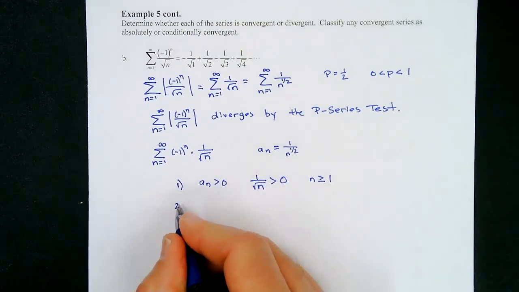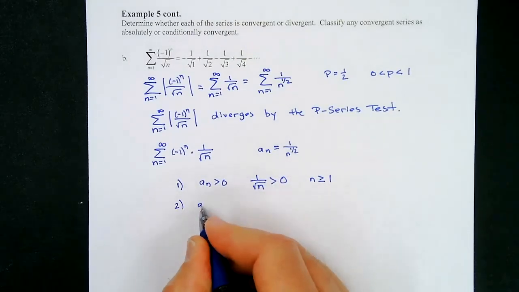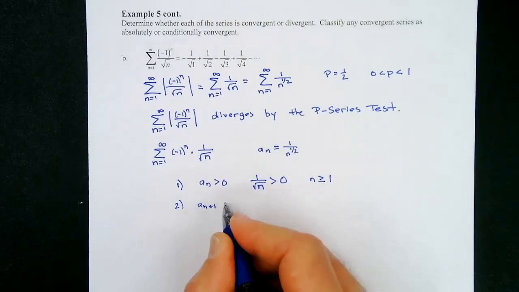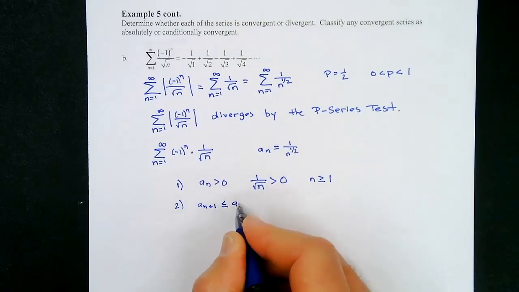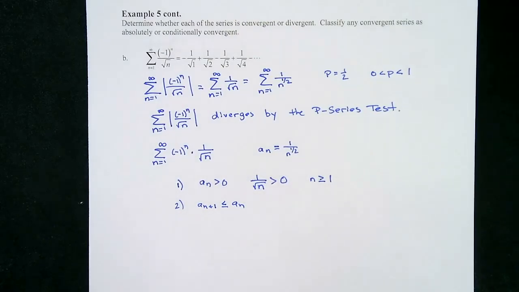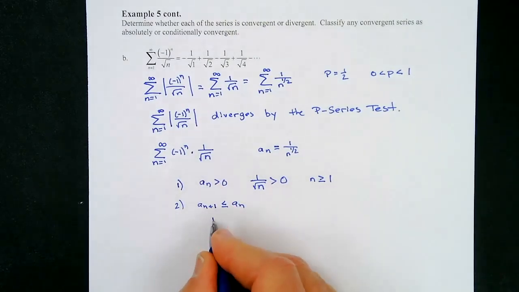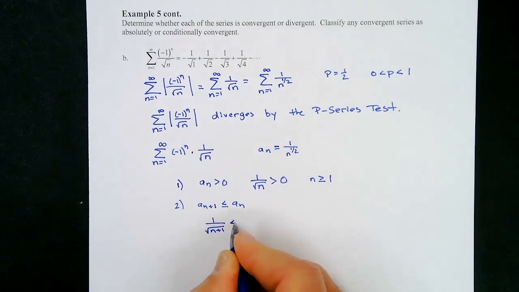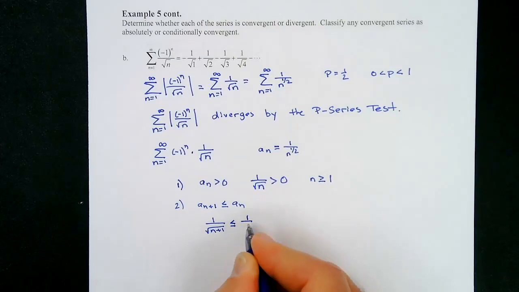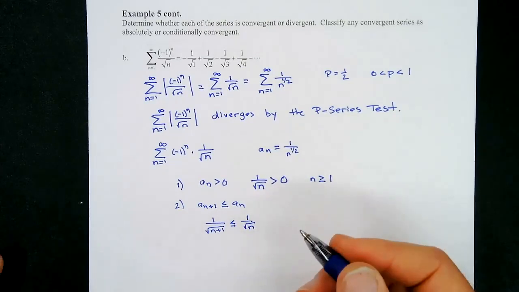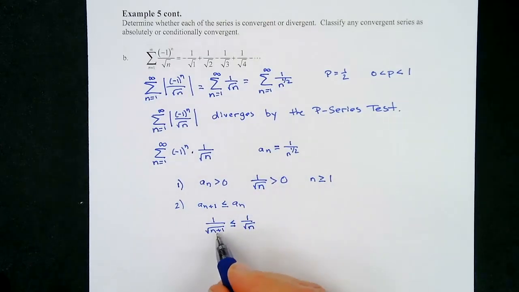How about the next one? We also have to establish that a sub n plus 1 is less than or equal to a sub n. This is a quick one that's easy to show. We just put n plus 1 in. So 1 over the square root of n plus 1 is less than or equal to 1 over the square root of n, because this denominator is bigger than this denominator.